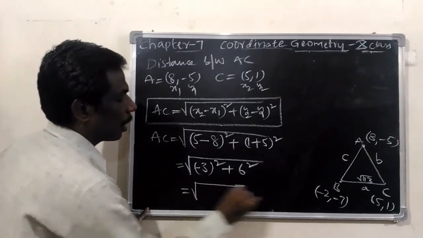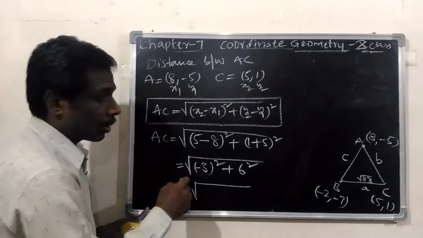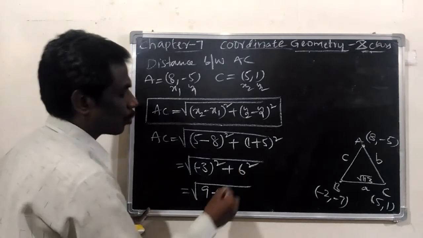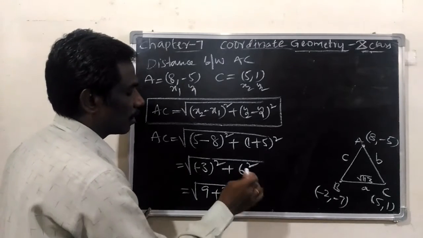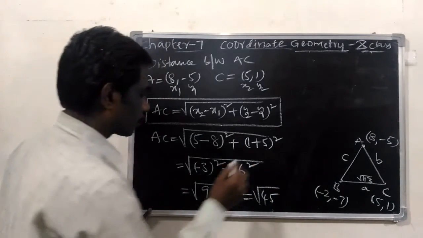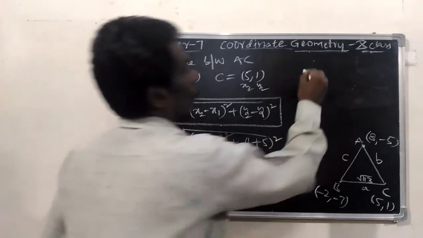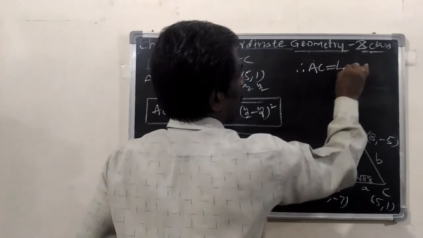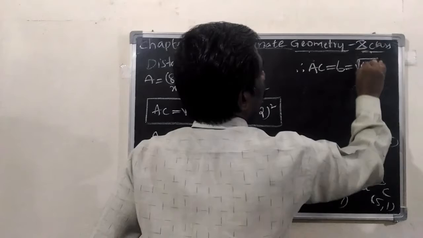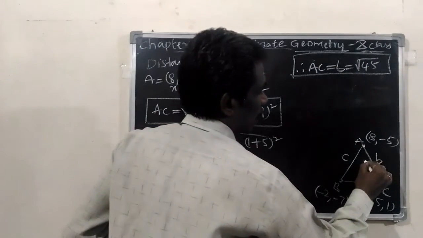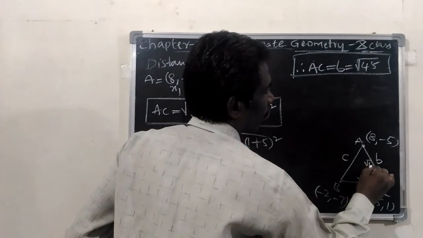Minus 3 whole square is plus 9, plus 6 square is 36. So it is root 45. Therefore AC, which is b, equals root 45.